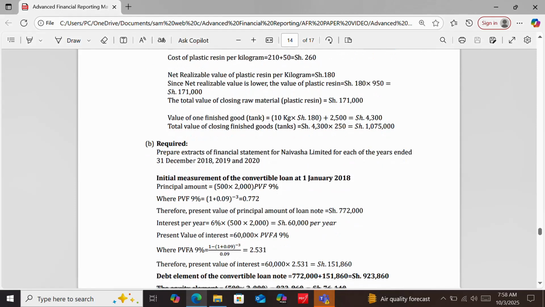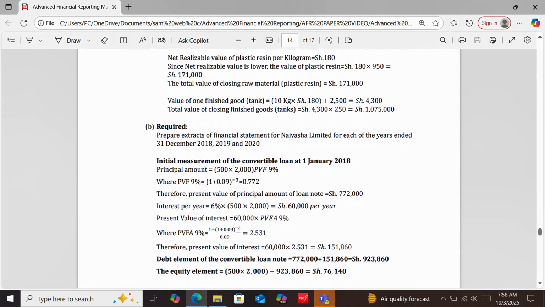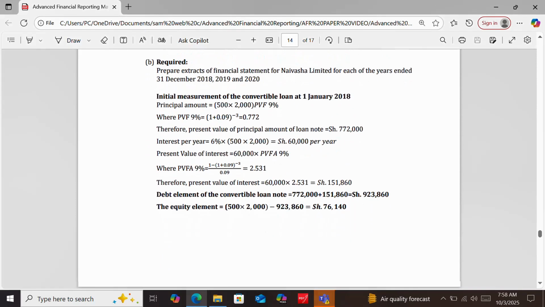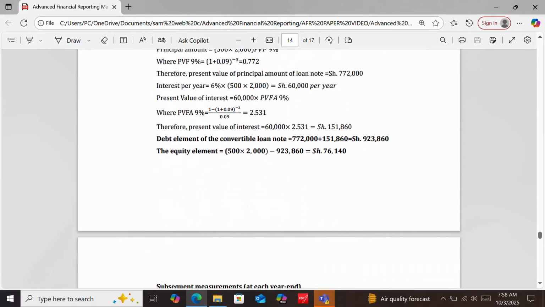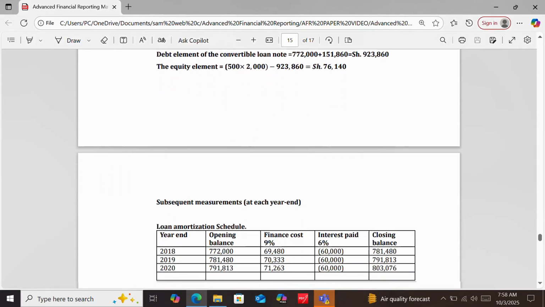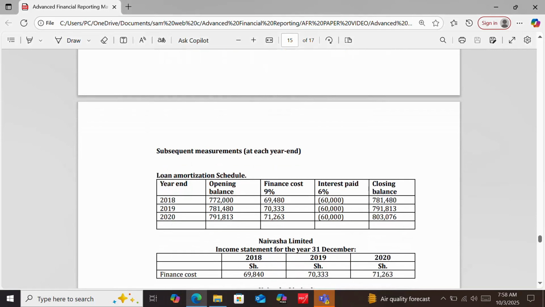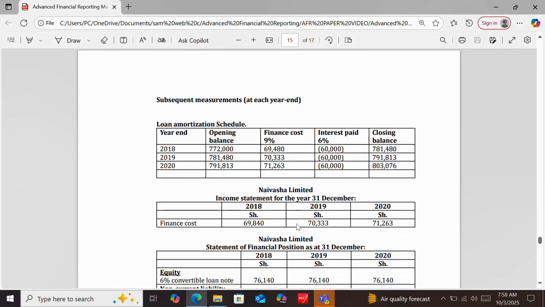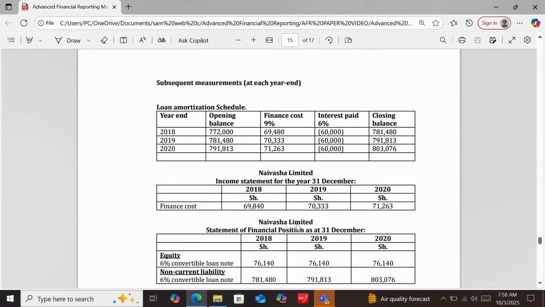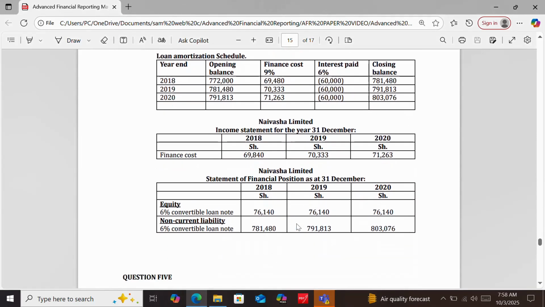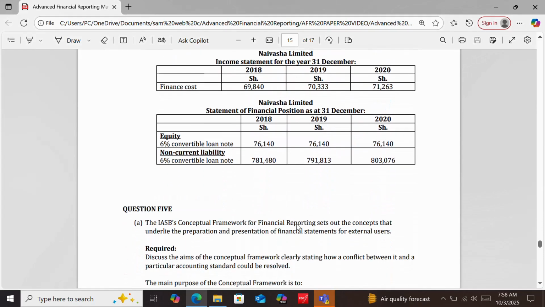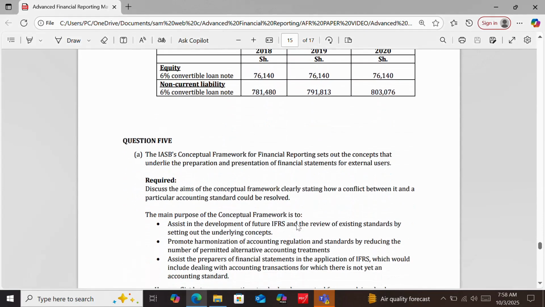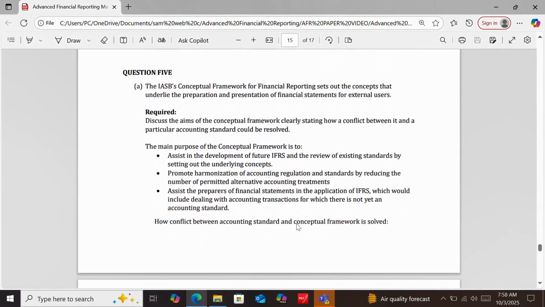Then Part B, prepare extract of financial statement for Naivasha Limited. So these are the extracts after the above workings. Then question 5, the theoretical part.